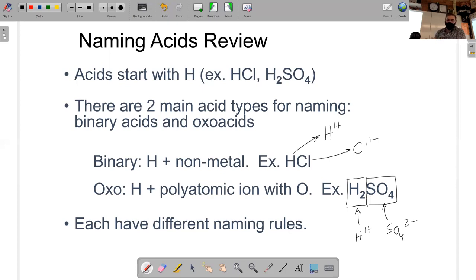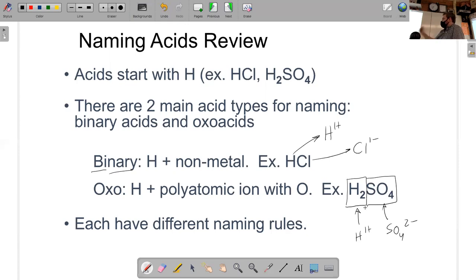So binary acids, binary means two, just two elements, hydrogen and chlorine. But these oxoacids oftentimes have oxygen. All the ions on the polyatomic ion chart have oxygen in them with two exceptions: the ammonium cation at the very top, and the cyanide anion, and thiocyanate too.